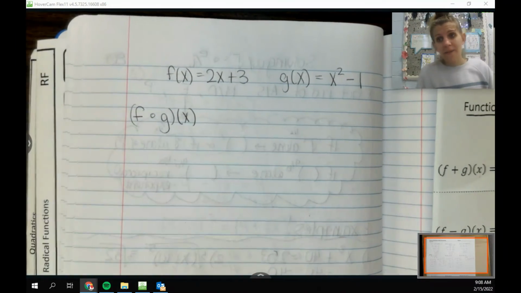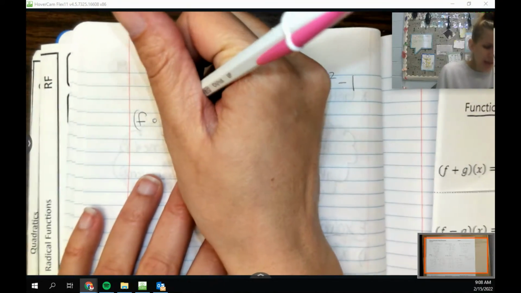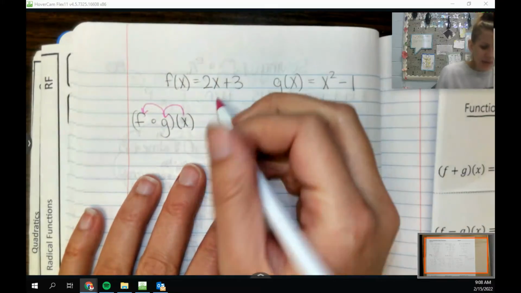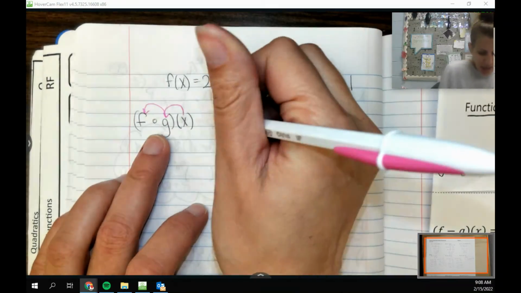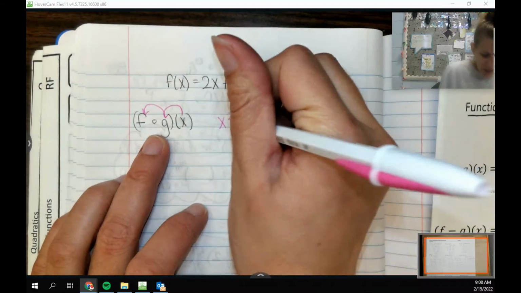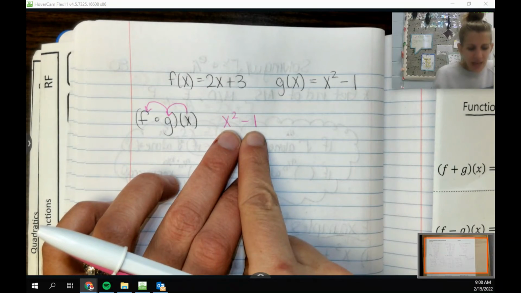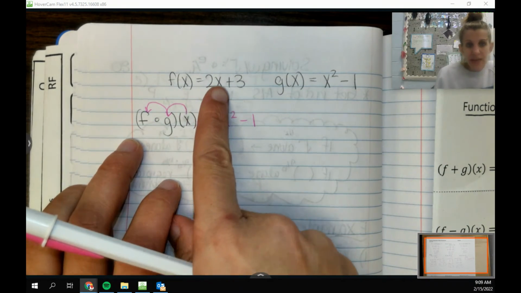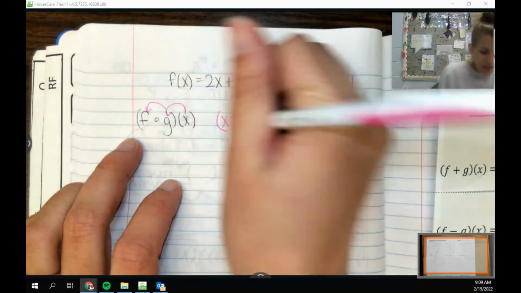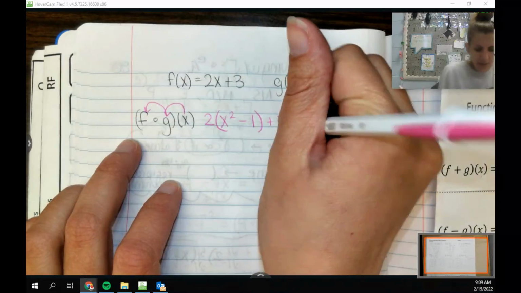I'm going to work backwards to forward. So x is going into g, and then that's going into f. Okay? So when I plug x into g, it's just this, x squared minus 1. But if I take this and put it into f, f's input right now is x. So this is going to be the input now, and it gets multiplied by 2, and then we add 3.